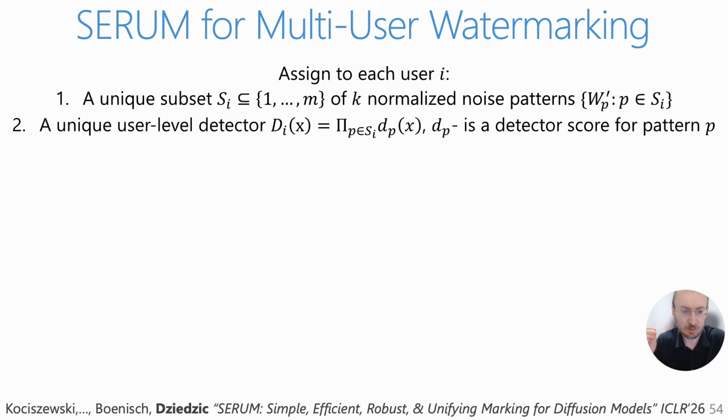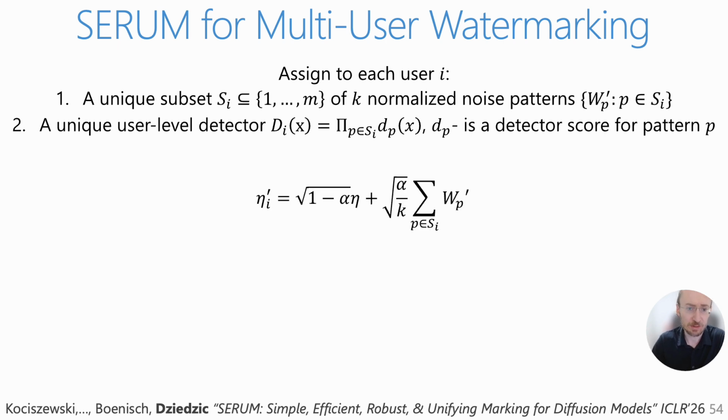So Serum supports multiple users seamlessly by assigning to each user i a unique subset S_i, from 1 to m, of k-normalized noise patterns. And this is together with a corresponding user-level detector score d_i(x).